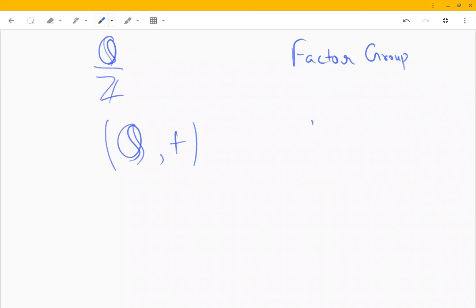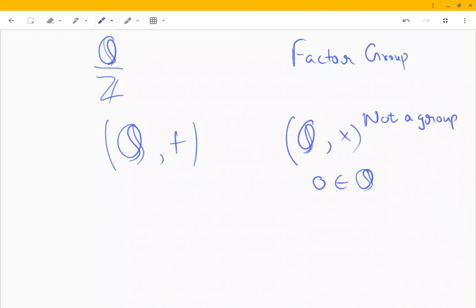Yes, it is. It is not a group under multiplication. The reason being that 0 belongs to this set and 0 does not have a multiplicative inverse. So this thing is not a group. This is a group.